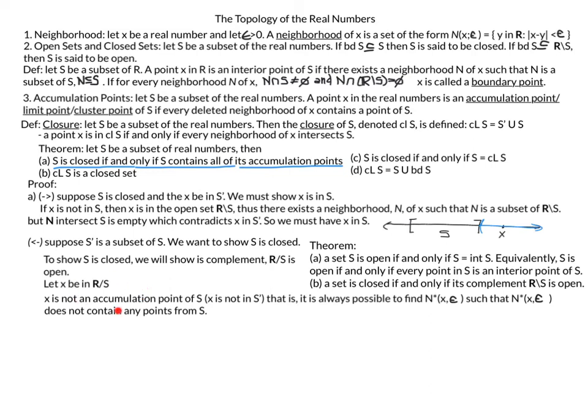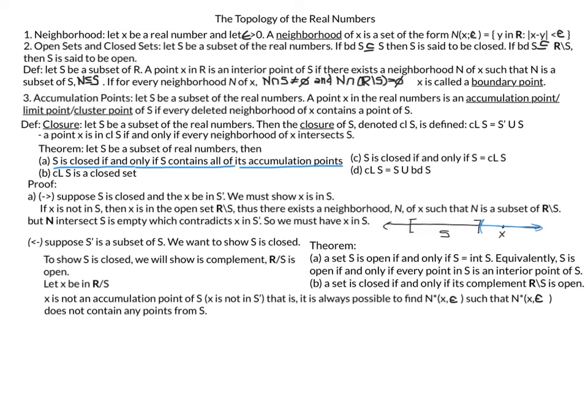The next point is X is not an accumulation point of S. That is, we can get as close as we want to S, not including the boundary since S is closed, but we can get as close as we want to S and then find an infinitesimally small epsilon.